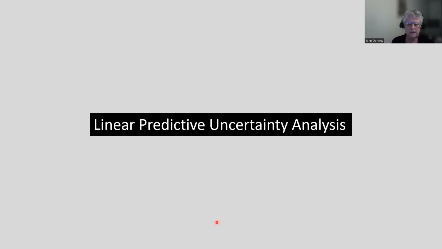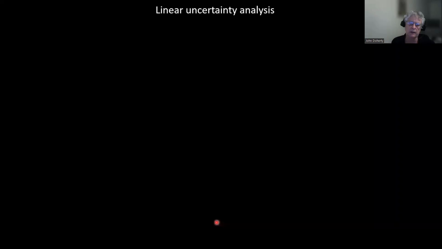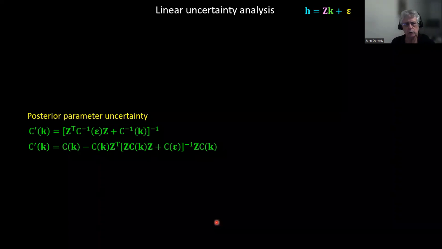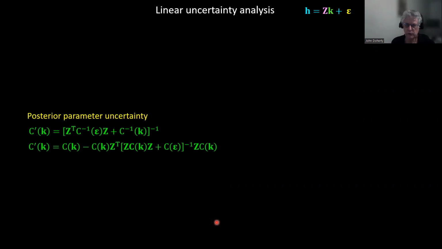Okay, let's go back now and start applying these equations. So we'll start off easy with linear, then we'll get into a different territory, non-linear, where things start to get a bit harder. So linear uncertainty analysis. There's the equation of our life, and there are the two alternative forms for the posterior covariance matrix.